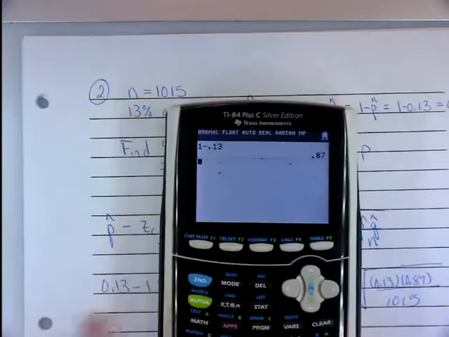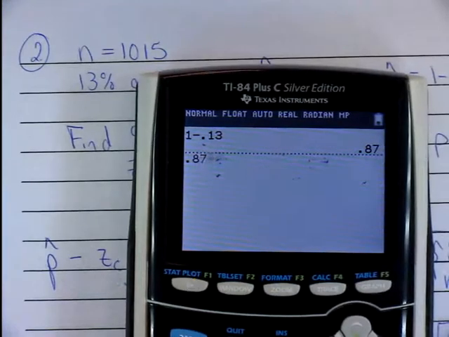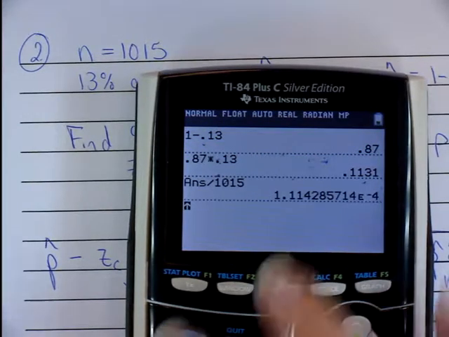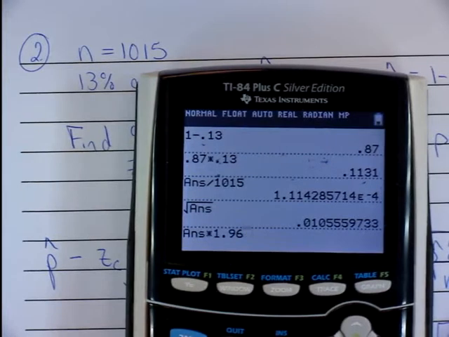In the calculator, I still like it this way: 0.87 times 0.13 divided by 1,015, and I take the square root of the second answer, and then the last thing I multiply by is the critical value.